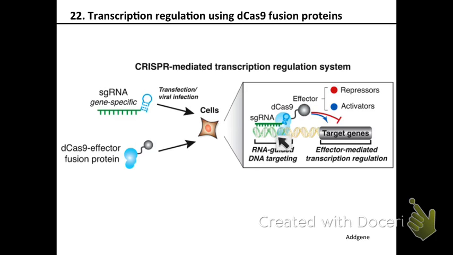And so what you're going to have is that your sgRNA, guide RNA, is going to be complexed with your dCas9 that's fused to your effector protein, and then you can change this effector protein to whatever you want and bring that. So one of the things that you can do is you can fuse a transcription repressor domain or activation domain, right? And target your dead Cas9 to the promoter of a gene to turn that gene on or off. Does that make sense?